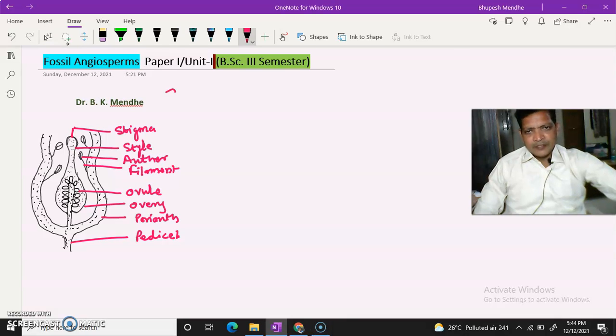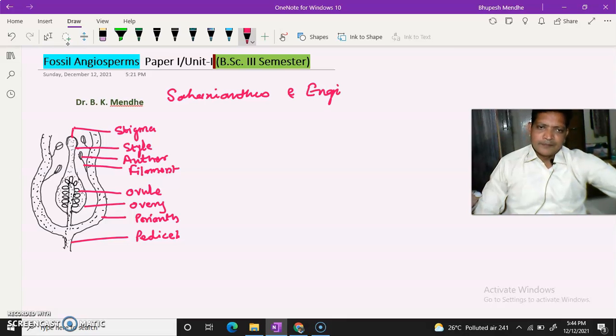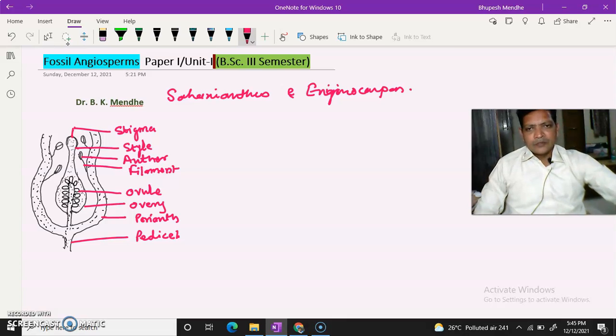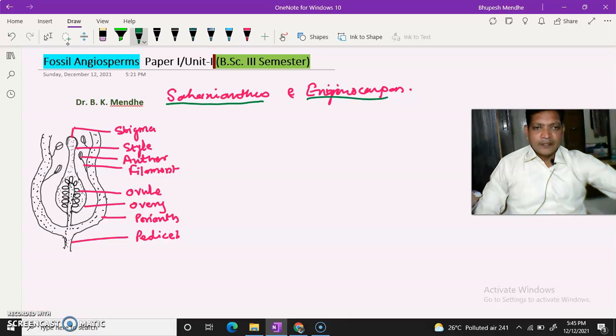One is Sahanianthus and the other is Enigmocarpon. Sorry, Enigmocarpon. These two angiospermic fossils you have to study in this semester.